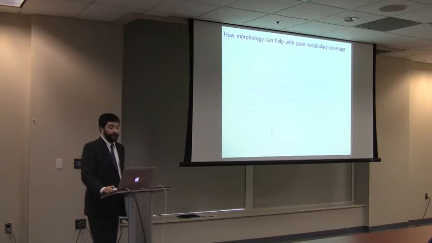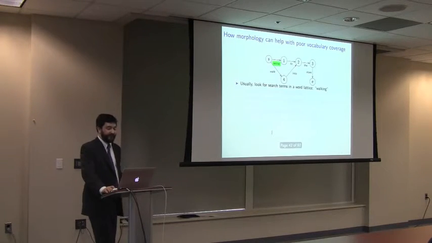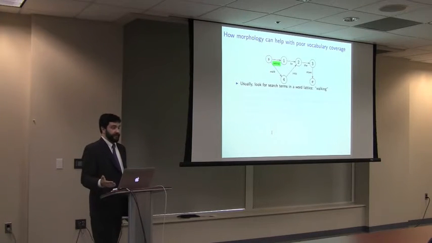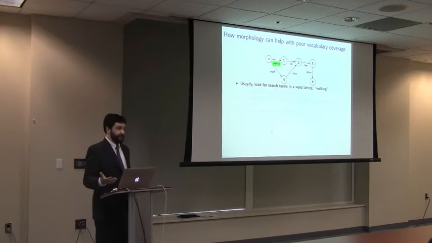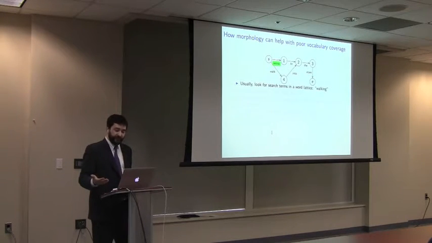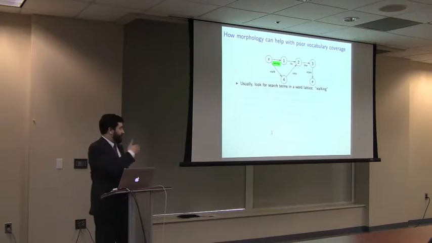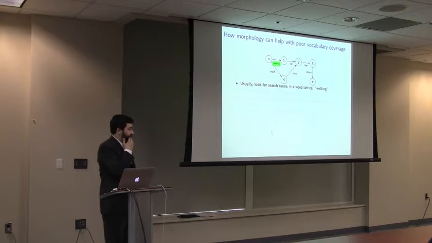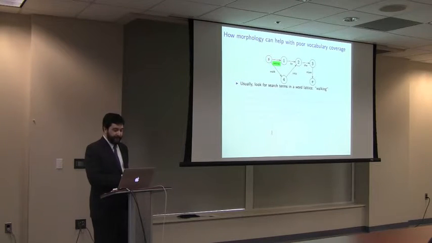So how can morphology help with this poor vocabulary coverage? Ideally we're looking for a search term that could potentially be in the word lattice that we're getting out of the ASR system. We'll have several paths that correspond to different transcriptions of the audio data. If we're looking for walking, we can just see if it's in that lattice, and there'll be scores associated with it, and we can decide if it meets the threshold, and if so, we'll return that as a match.